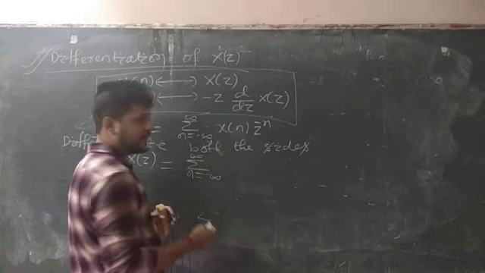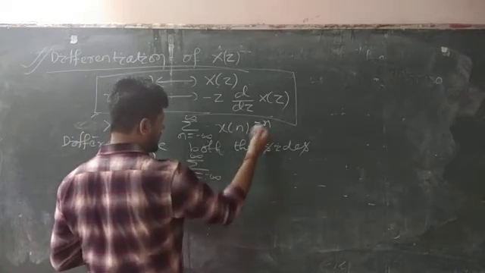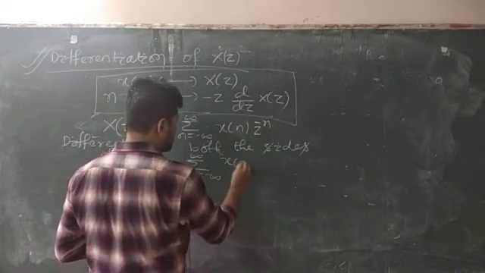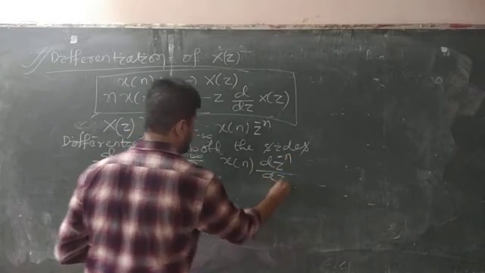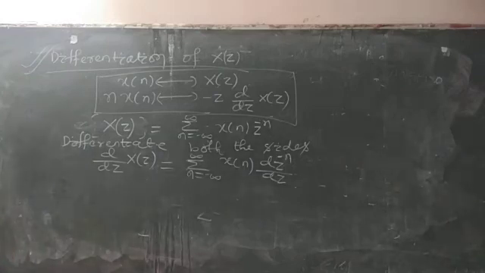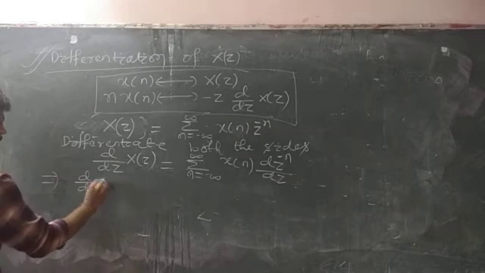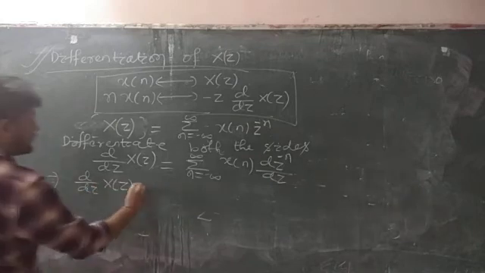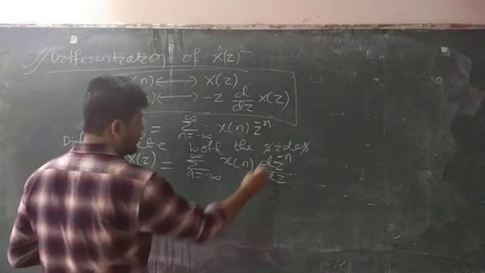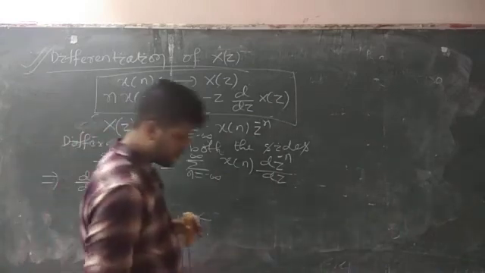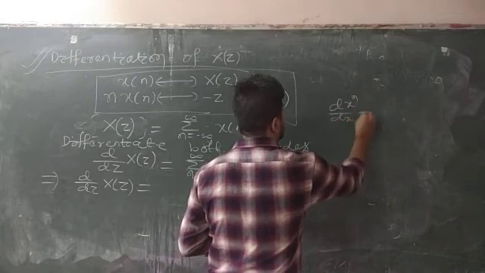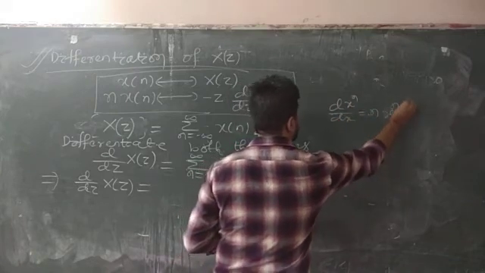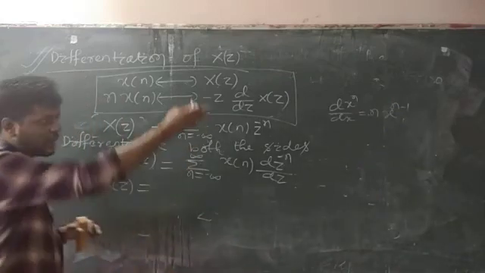This x(n) is obviously in time, so we have to differentiate only z. So taking x(n) common, we need d z to the power minus n divided by dz. Which implies d by dz X(z) equals, you know the differentiation formula, d x to the power n by dx is n x to the power n minus 1. So you just have to apply that formula.